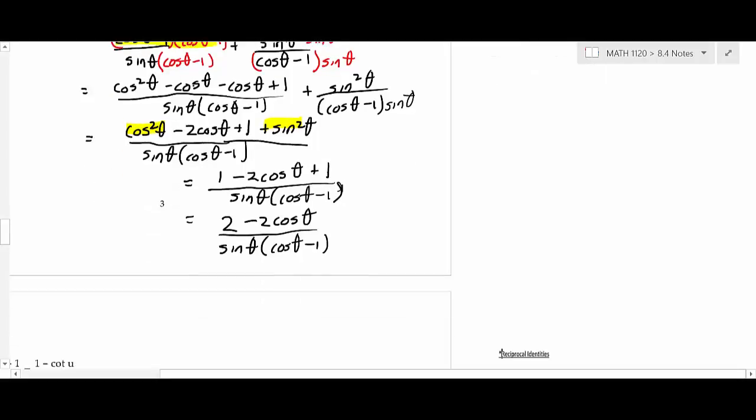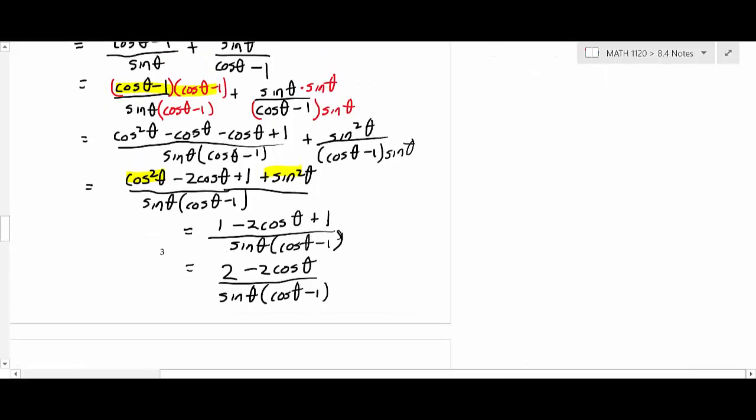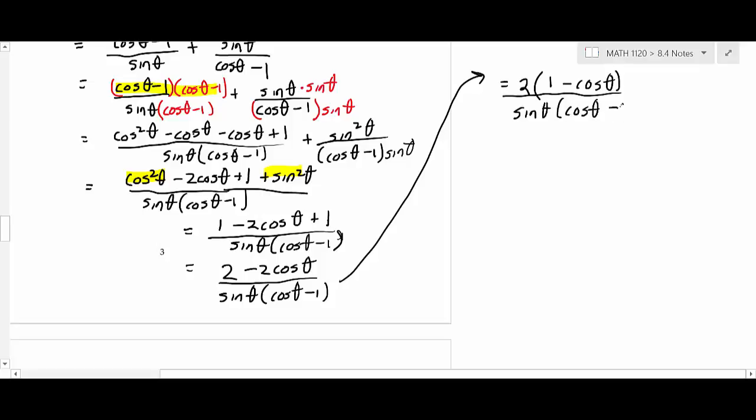So this one's getting pretty complicated. I like this one. All right, so I'm going to move this over here, and I'm going to pull a 2 out. So that's going to be 1 minus cosine theta all over sine theta times cosine theta minus 1 like that. Okay? Take the 2 out.